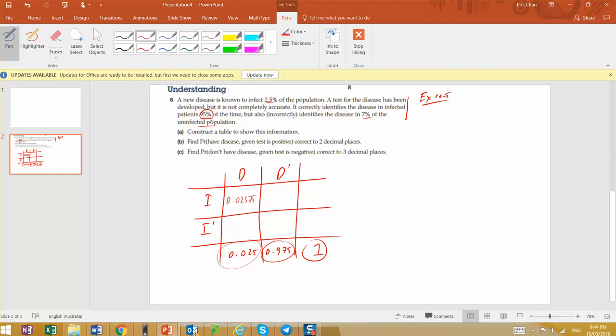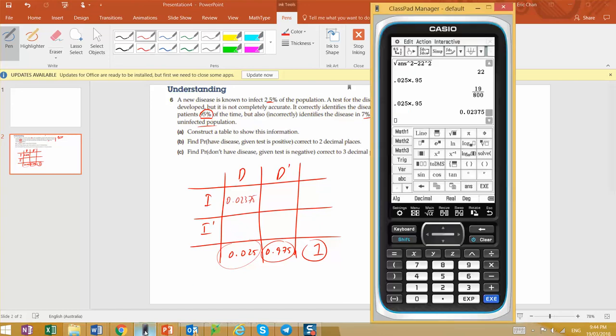By definition, if it's correct 95% of the time, 5% of the time it incorrectly identifies the population that's not diseased. So you go 0.05 times 0.025. To interpret that answer, that's 1.25 times 10 to the negative 3, which is 0.00125.